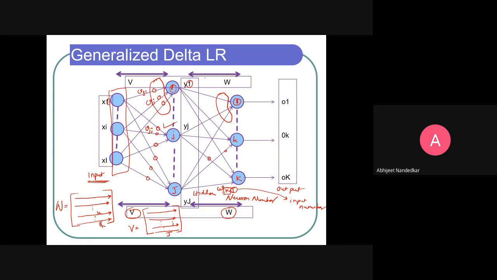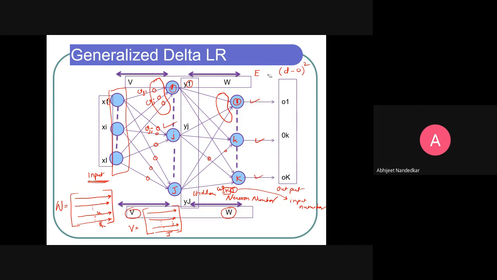Then we have defined error for a single neuron as (d minus o) squared. Okay, since there are many neurons here in the output, now we have to modify this definition a little bit.